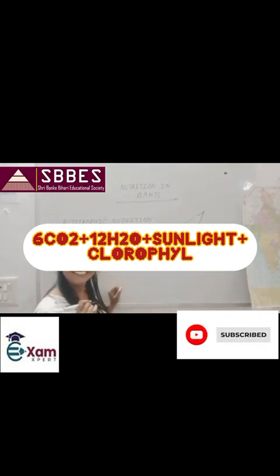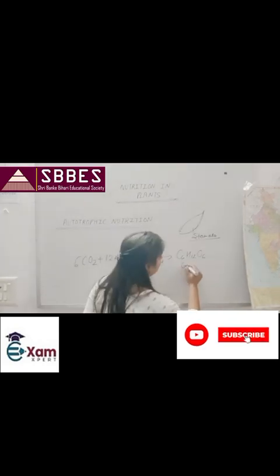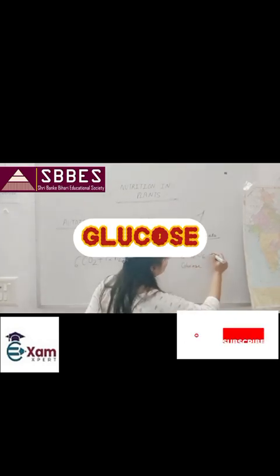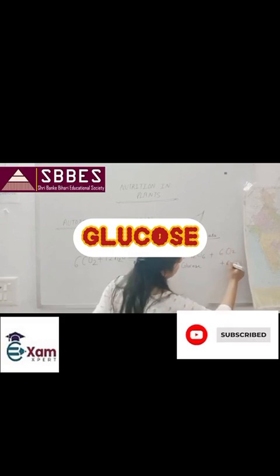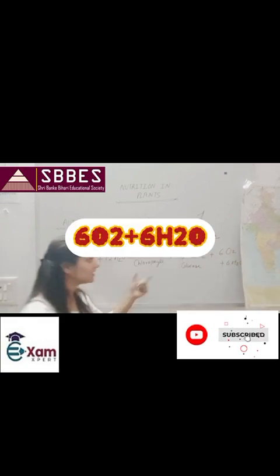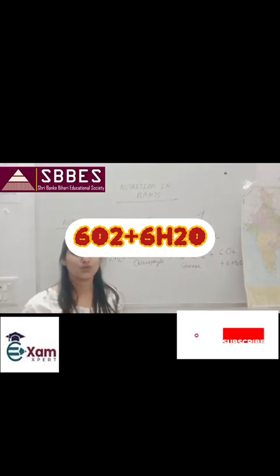What is it? Yes, we have learned about it. It is glucose. And then the next components, 6O2 plus 6H2O. So this is the entire process of photosynthesis.